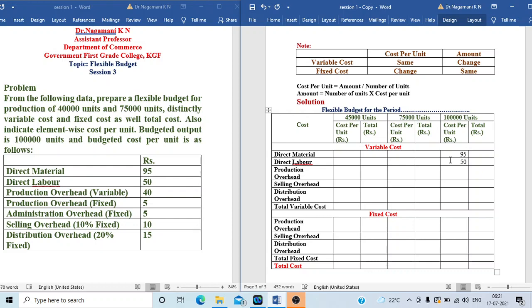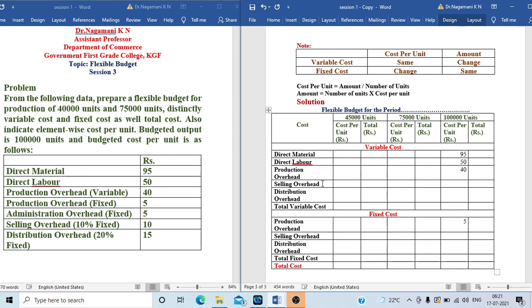Direct labor 50, production overhead variable 40, then production overhead fixed is given, that is 5. Next, selling overhead 10% is fixed, means 90% is variable.